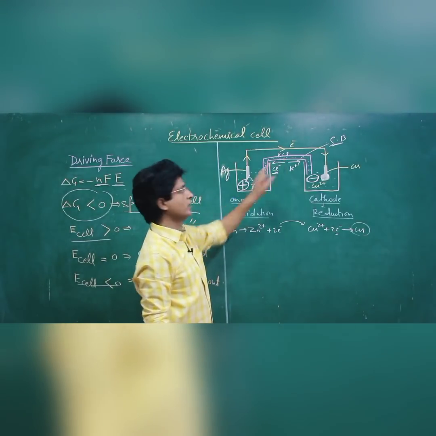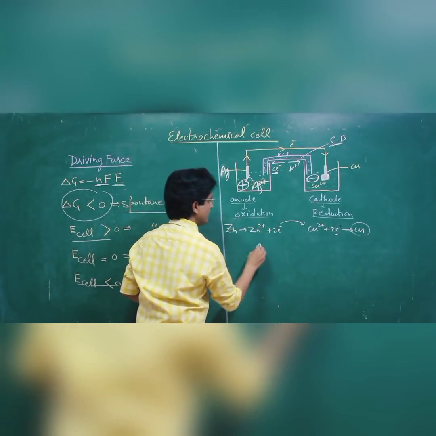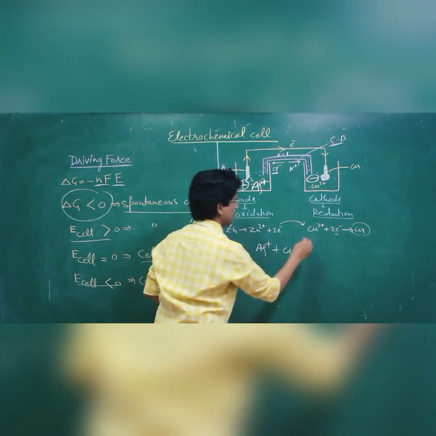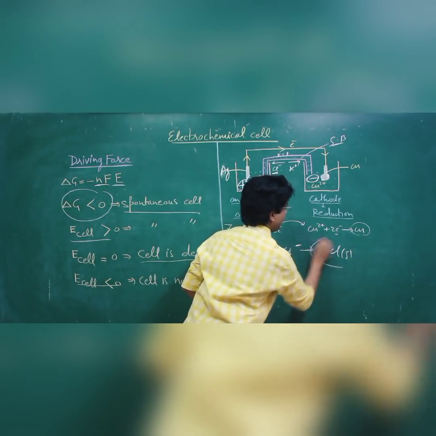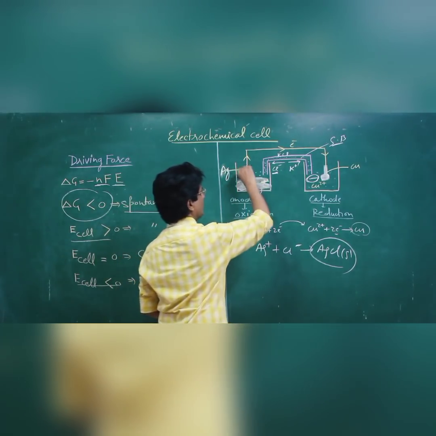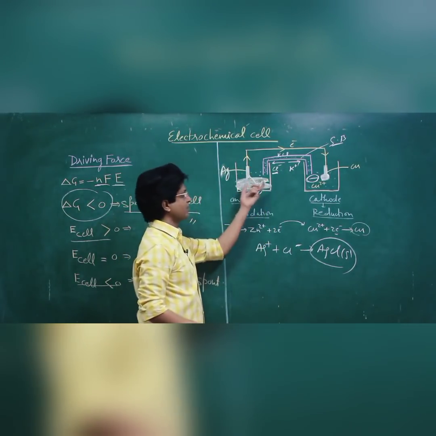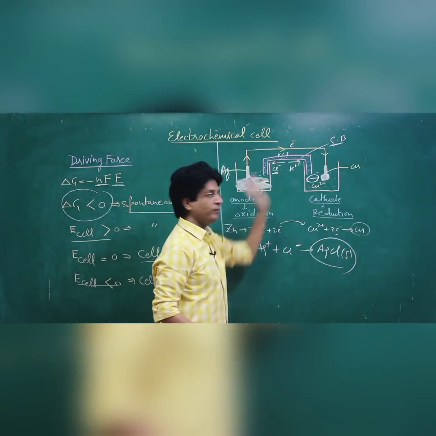I cannot use. Why? Because when Cl ions will come here, we know that Ag plus will react with Cl ions to form solid AgCl. And if we have solid AgCl here, ions will not come into this solid part. Ions are stable only in solution, not in solid. So current will stop flowing.